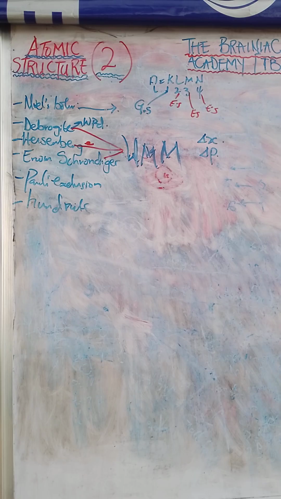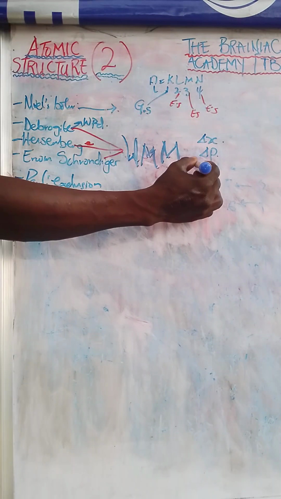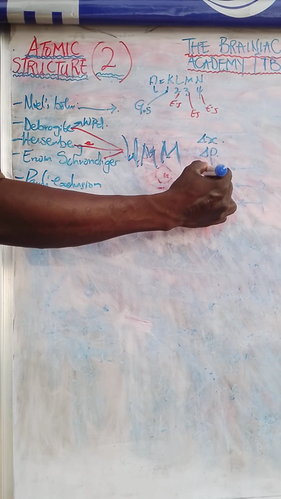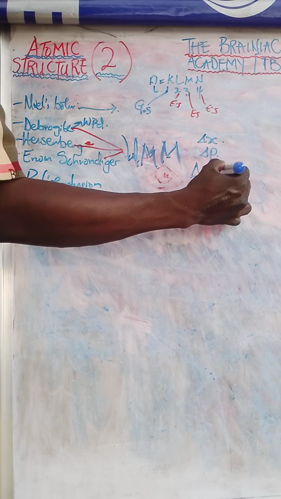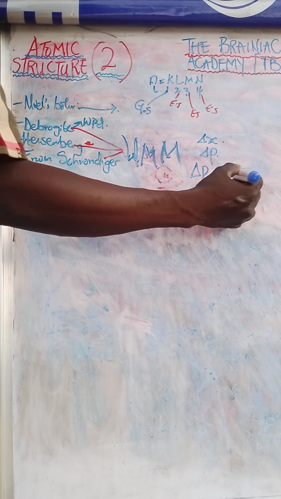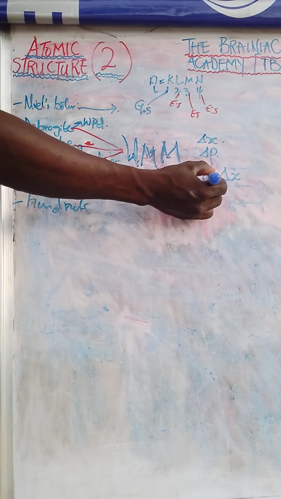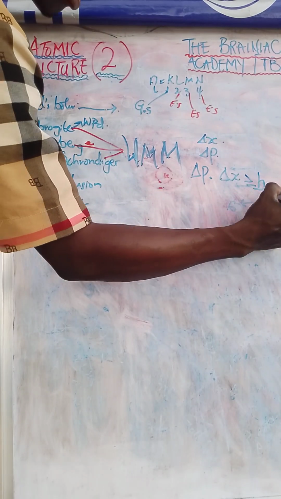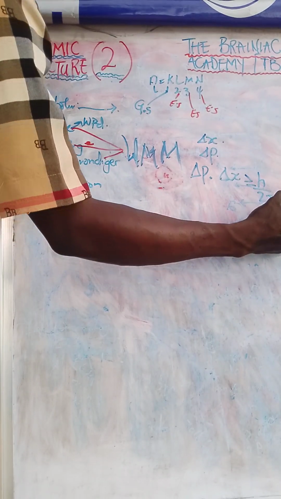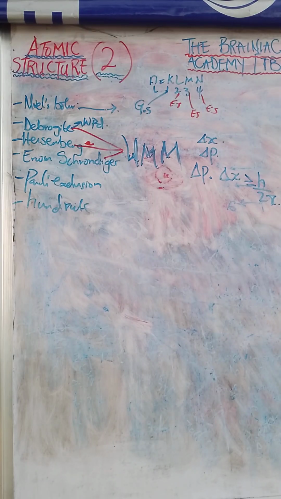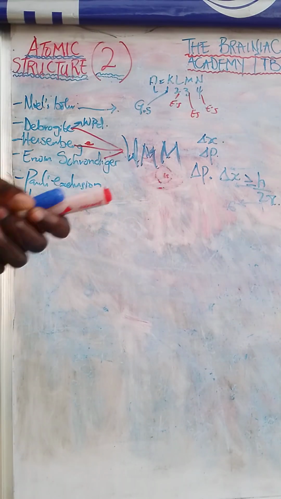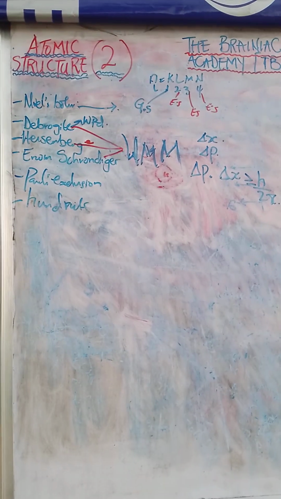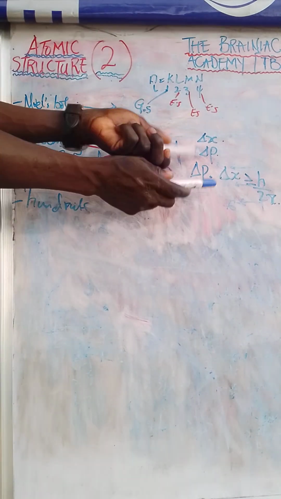We call his equation the uncertainty principle. This is how he used to write it, with h over 2 pi. P is momentum.